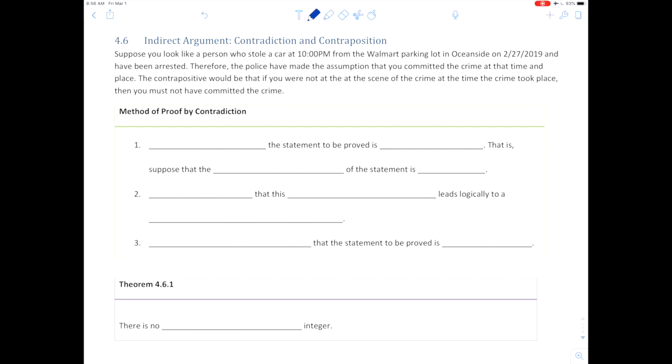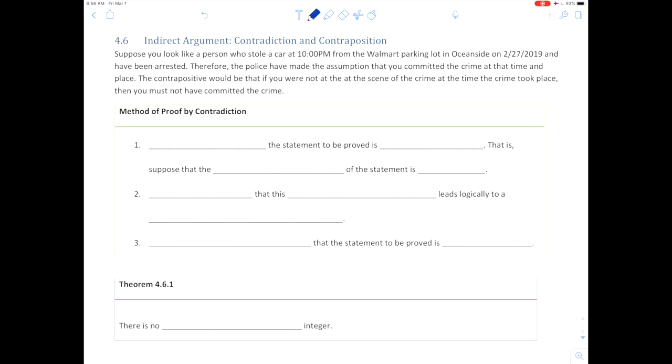Now, let's say somebody stole a car, right? Exactly at 10 p.m. from the Walmart parking lot in Oceanside on February 27th, 2019. And the police decided to arrest you. So what have the police done?